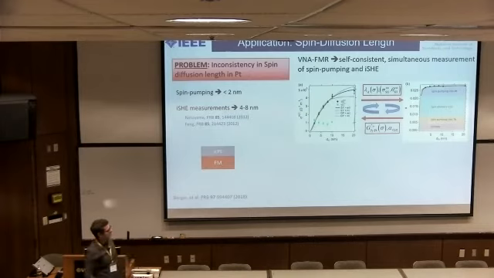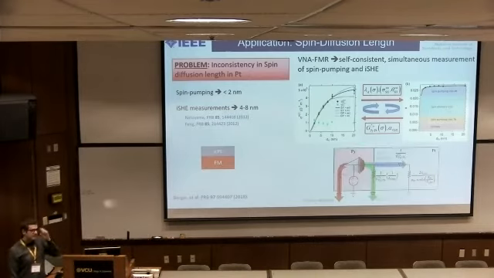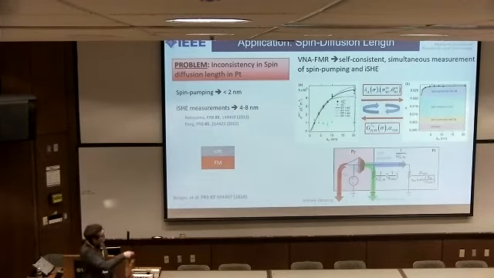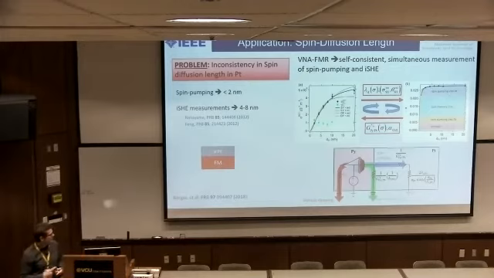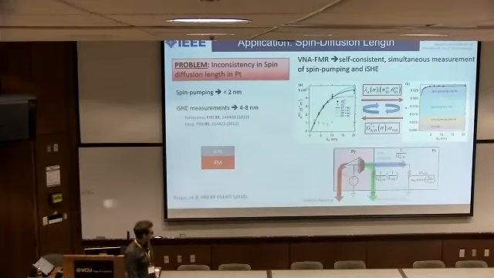It just sort of falls off a cliff at very low thicknesses. So it turns out from this result that, because we're now able to self-consistently fit both sets of data simultaneously to the same theory, the problem is what we call the spin memory loss, which I alluded to earlier.